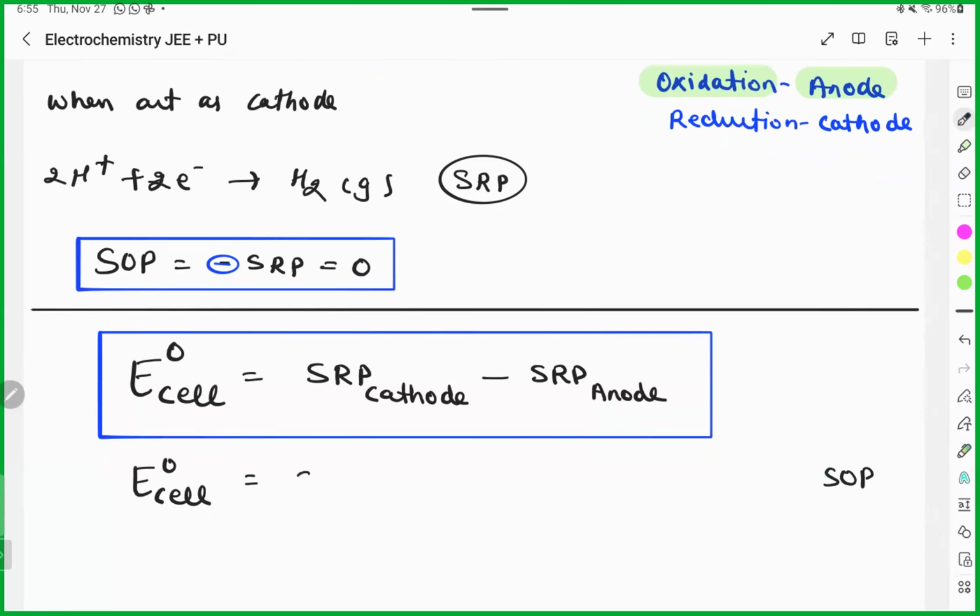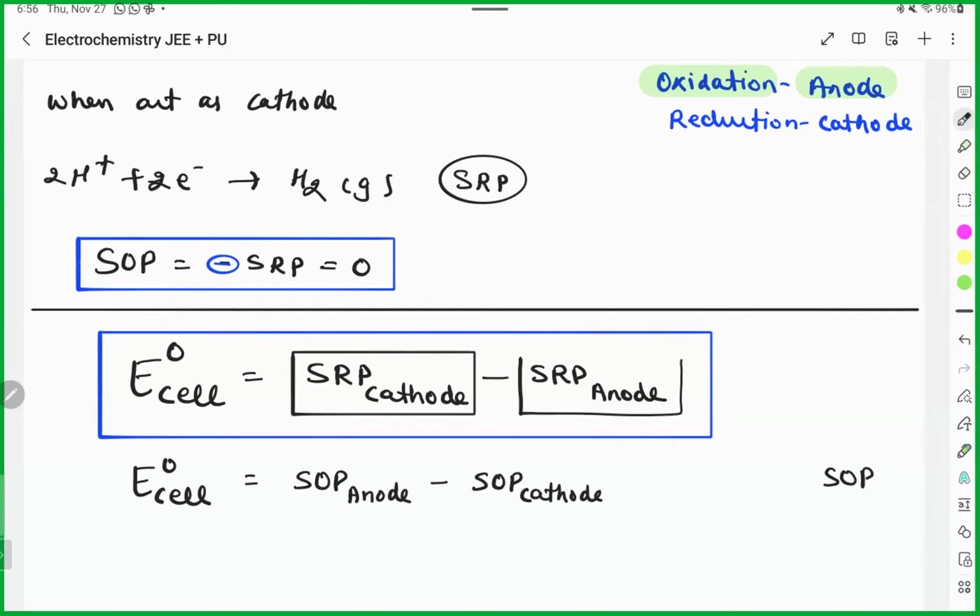Standard oxidation potential of anode minus standard oxidation potential of cathode, right? The signs become reversed. Yes, exactly. Whatever was positive in reduction will be negative in oxidation. Whatever was negative in reduction will be positive in oxidation.